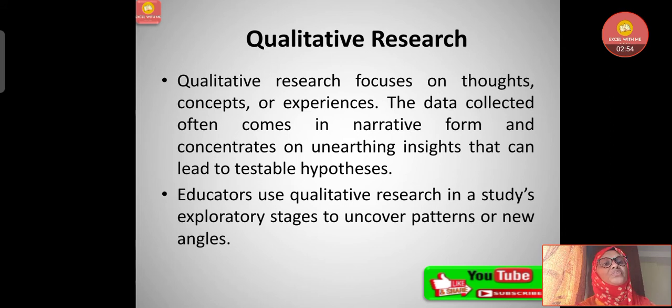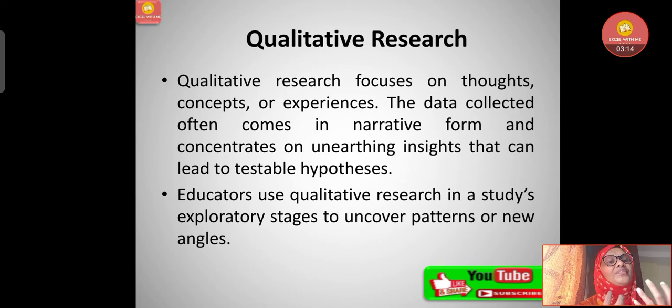Qualitative research focuses on thoughts, concepts, or experiences. The data collected often comes in narrative form and concentrates on unearthing insights that can lead to testable hypotheses. So what does qualitative research focus on?